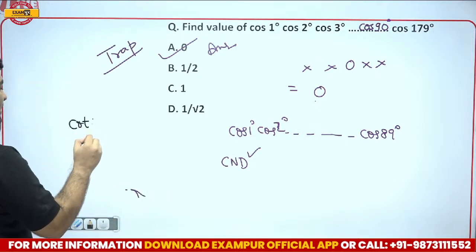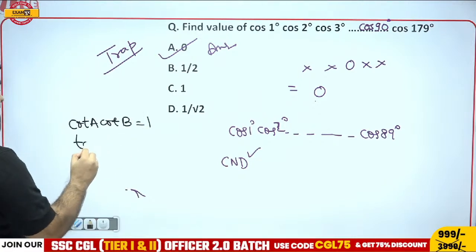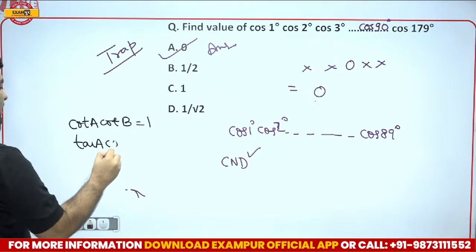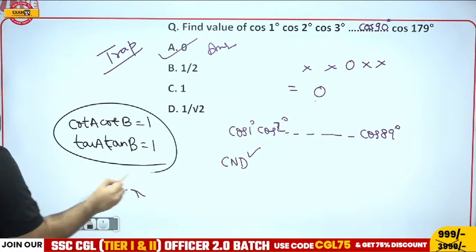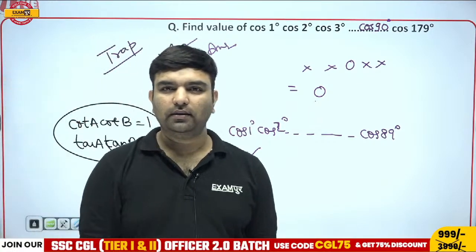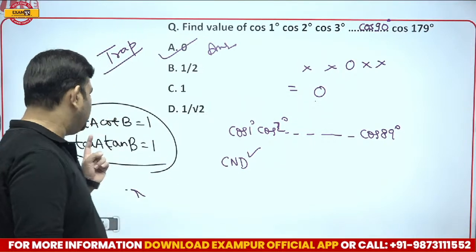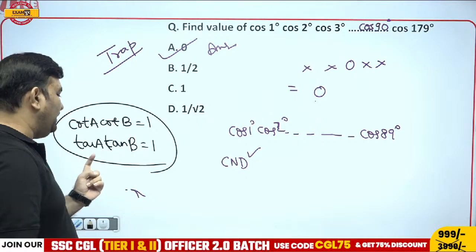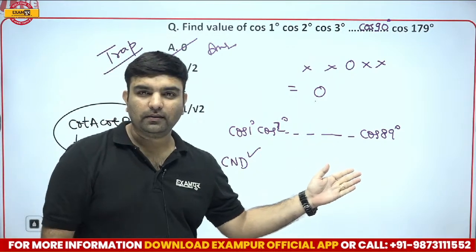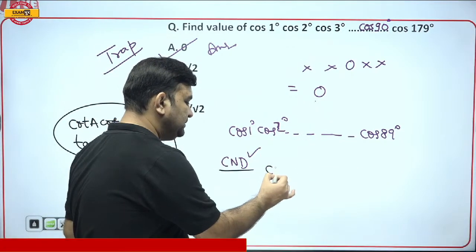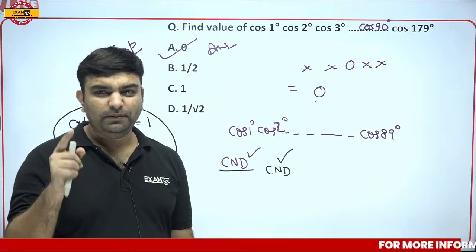That relation of complementary angles, cot A into cot B is 1 and tan A into tan B is 1, is only in case of tan and cot. Listen to me very carefully. It is not over here. Got it, everyone? Please do say.